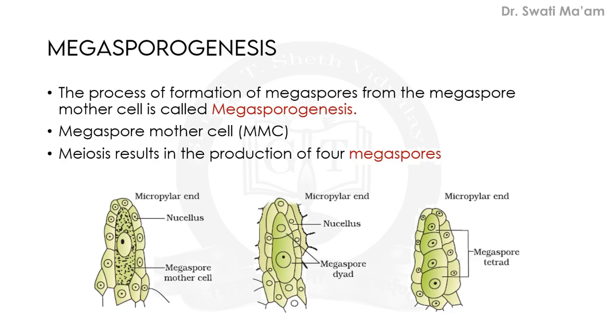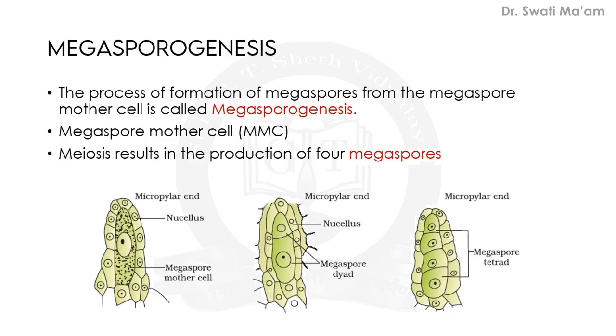But before this event takes place, let's revise that two types of cell divisions are there. We all know that in reproduction, meiosis will take place in gamete formation. Here the gamete formation is occurring.